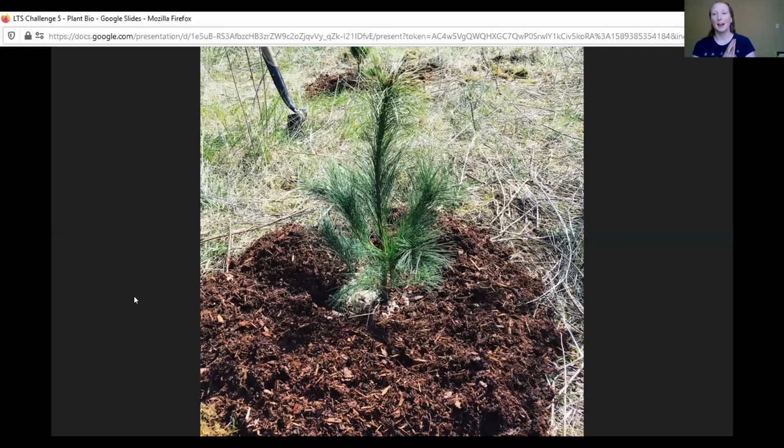And because the trees were so small, any kind of chewing or disruption to them could actually kill the trees. So these really cute little rabbits and voles could kill our trees. We didn't want that to happen. So we encouraged hawks to visit our restoration sites so that they could keep the rodent populations down, which was really cool.